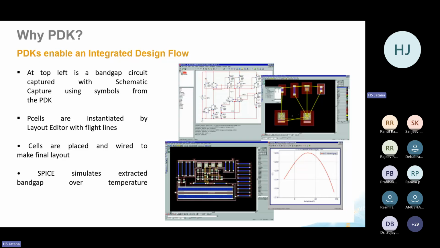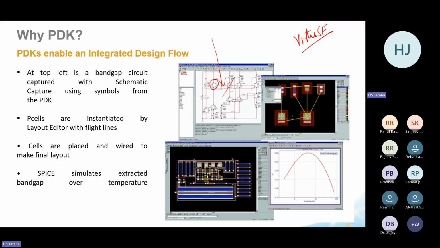This is an example of a band gap reference. You have made a schematic by using the schematic capture of Virtuoso, the Virtuoso schematic editor. So these are the various components. You can pick these components and draw the circuit like this, and finally simulate this circuit.